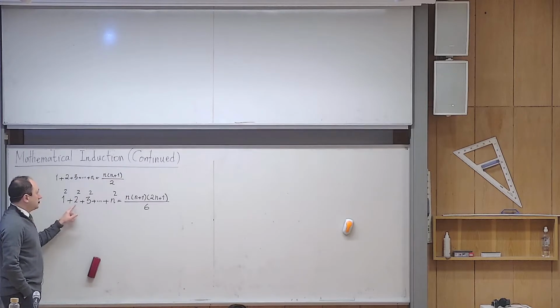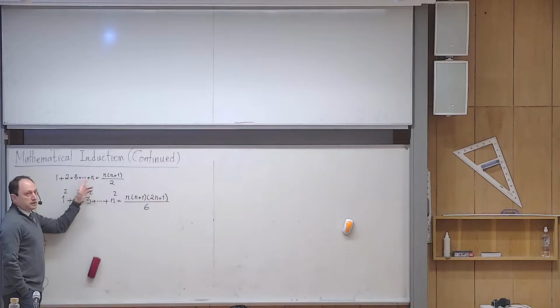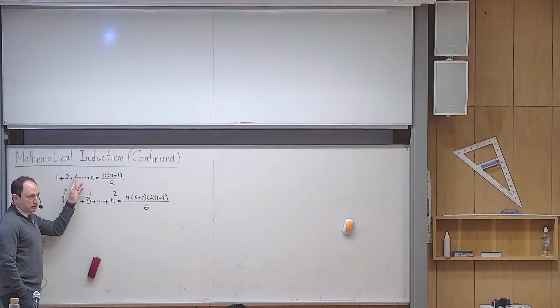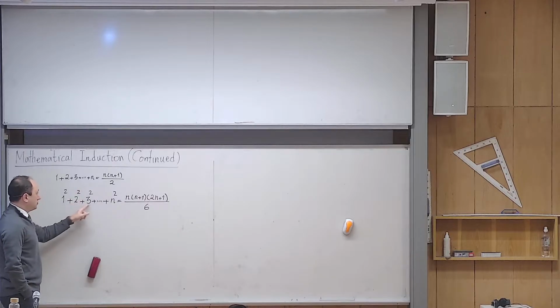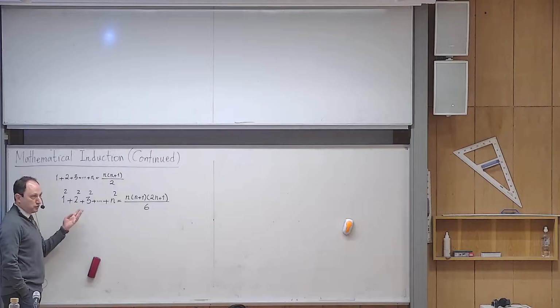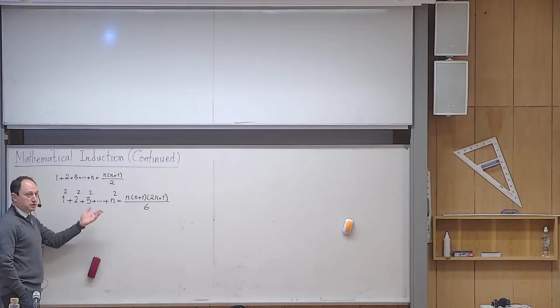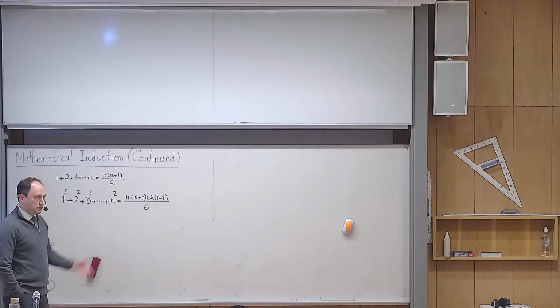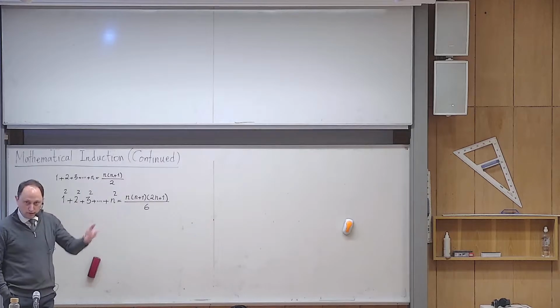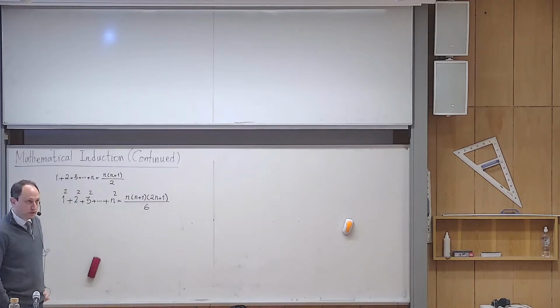For this problem we had 2 options. One was the arithmetic progression formula, one was mathematical induction, but here we cannot use the arithmetic progression formula because these are no longer forming an arithmetic progression. This is 1, the next one is 4, the next one suddenly becomes 9, the next one becomes 25, so they are not in an arithmetic progression form, yes?